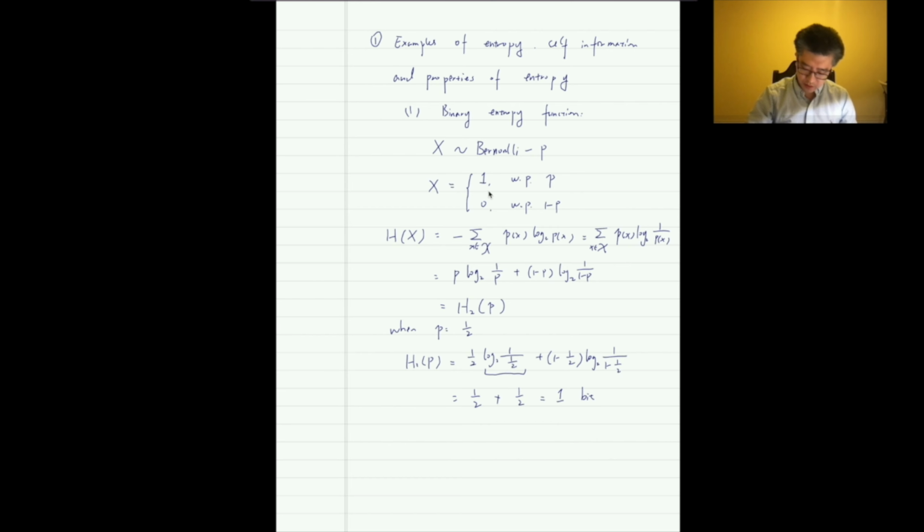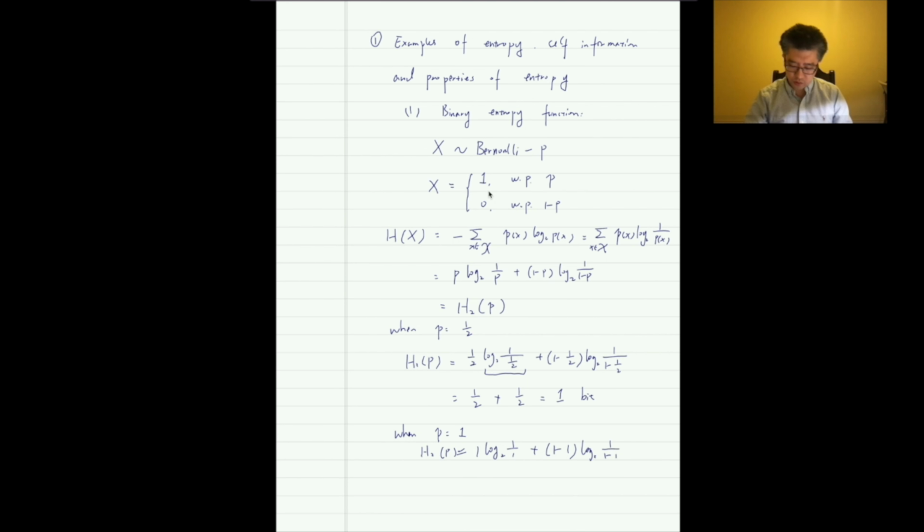For example, let's consider an extreme case where p is 1. Then let's see, h2(p) equals 1 times log 2 of 1 over 1, plus 1 minus 1 times log of 1 over 1 minus 1.